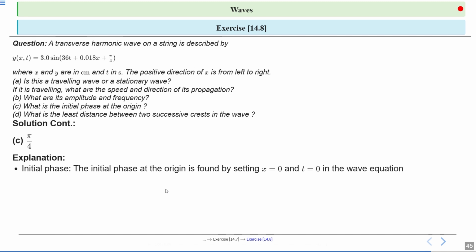Explanation. The initial phase at the origin is found by setting x equal to 0 and t equal to 0 in the wave equation. So y of x,t is equal to 3.0 sine (36t plus 0.018x plus pi by 4).